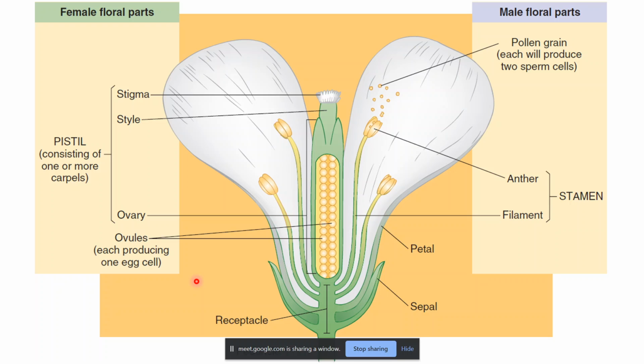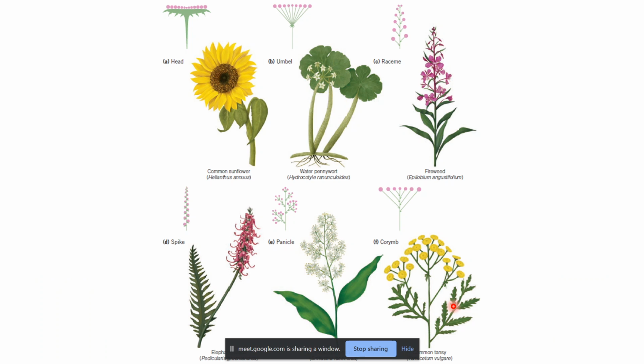The peduncle may terminate in a single flower or a cluster of flowers known as inflorescence, and inflorescence can be different. So on this slide you can see different types of the inflorescence.